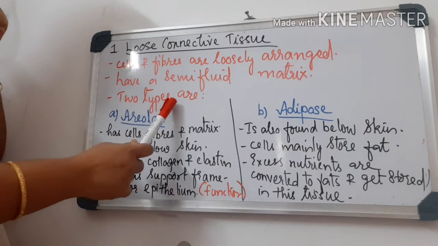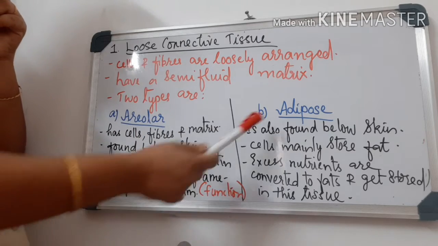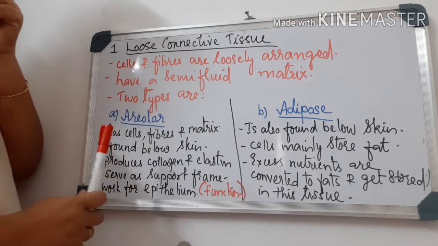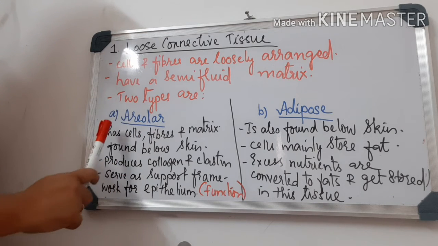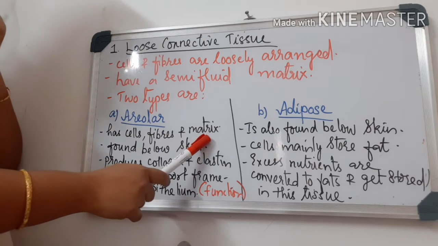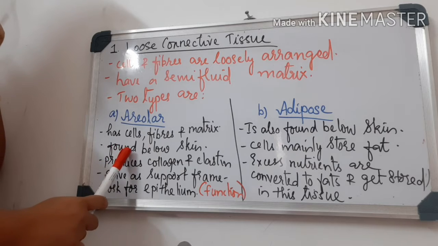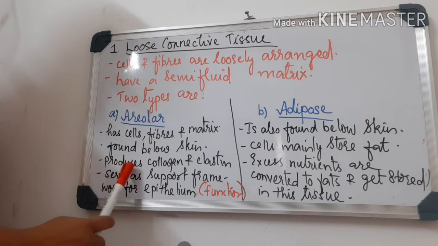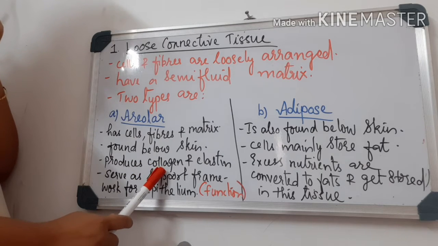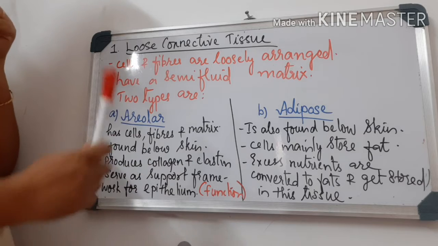The two types that we discussed are areolar loose connective tissue and adipose loose connective tissue. First of all, let us see areolar connective tissue. It has cells, fibers, and a matrix. It is usually found below the skin, and it produces mainly two types of structural proteins, collagen and elastin.